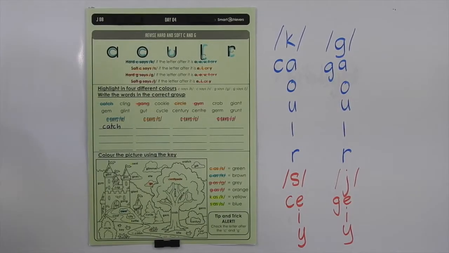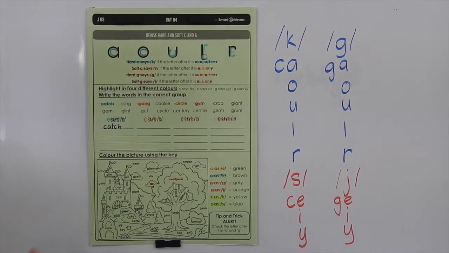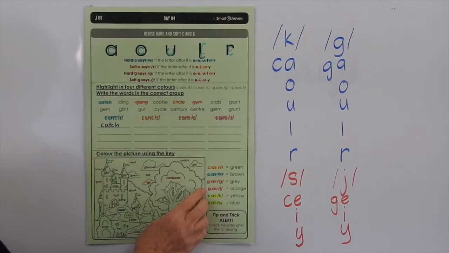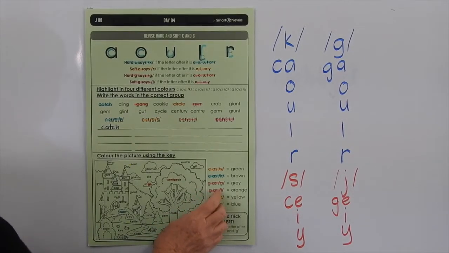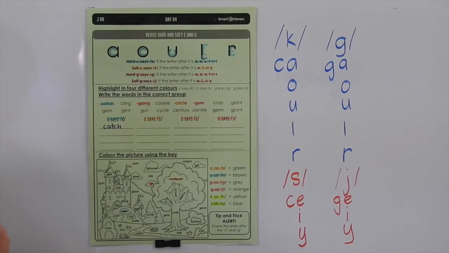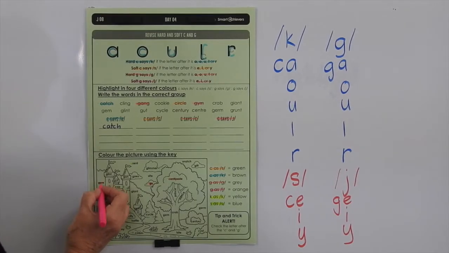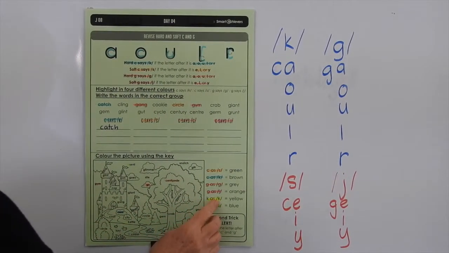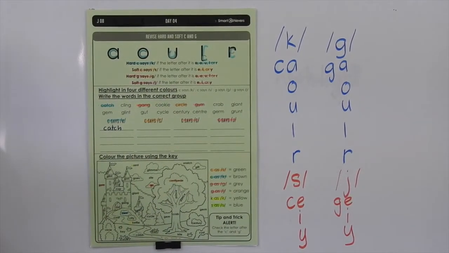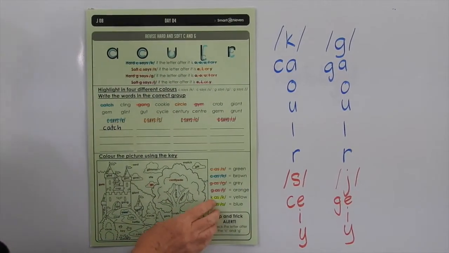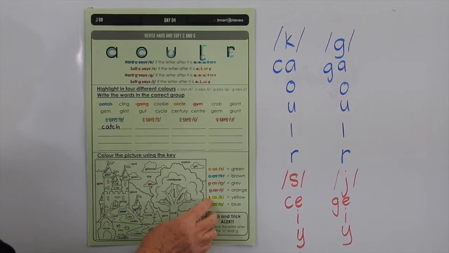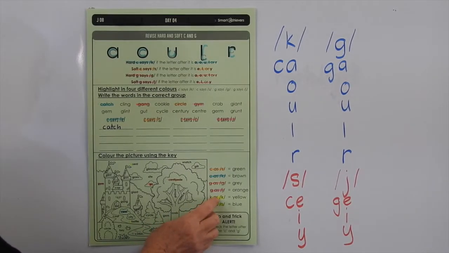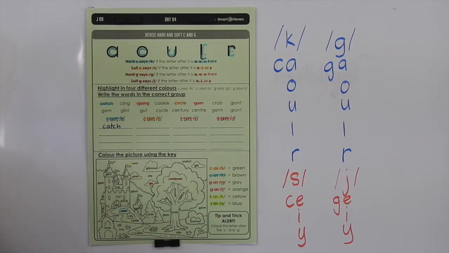I wouldn't highlight these because it would confuse you. I'm just doing it to show you what to do. Now when G says J, that's going to be pink. So there's one there, Jim. And we can also have a K making a K sound. So if we have K, E, I or Y, you know it's making its K sound.